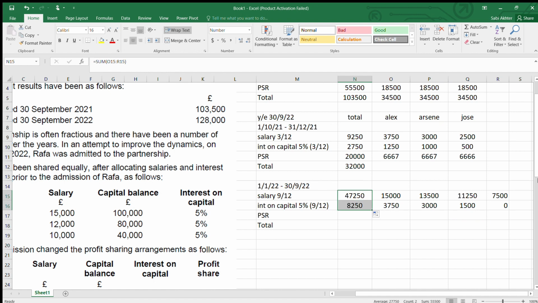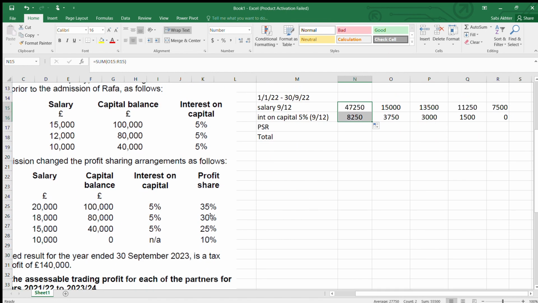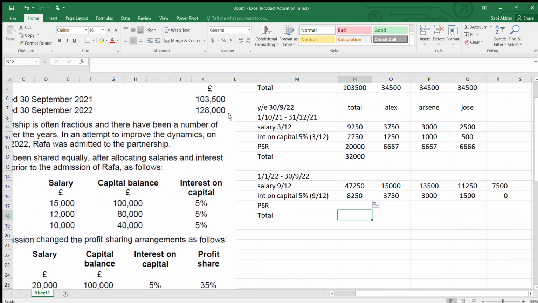Profit sharing ratio this time is not equal. It is 35, 30, 25, 10%. Total profit is given. What is it? See, you have been given 128,000, right? Here 128,000.